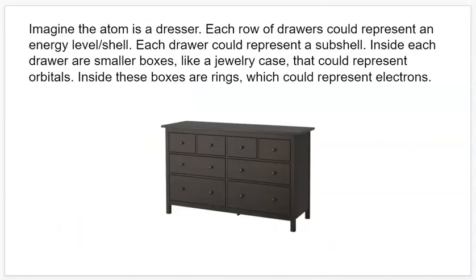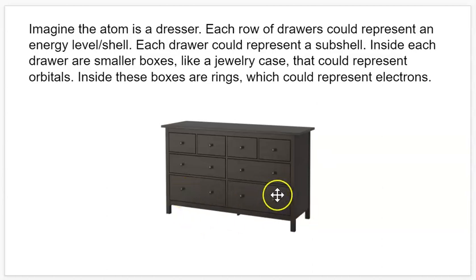When we're talking about energy levels, subshells, and orbitals, there's these 3 tiers of organization. Another analogy I can give is that it's like a dresser. If you imagine the dresser as an atom, imagine the floor is the nucleus. And as we get farther away from the floor, there are different levels. So this first row of drawers, this second row of drawers, and this third row of drawers could represent the different energy levels or energy shells.